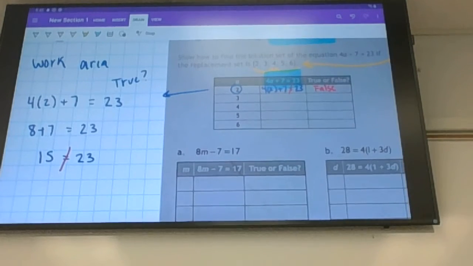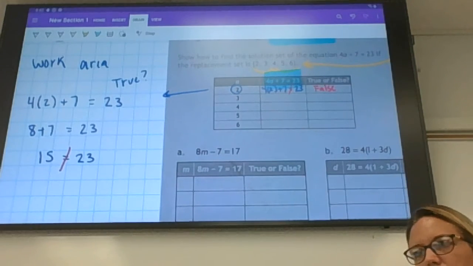Alright, now plug 3 in. Show your work. Is 3 true or false?